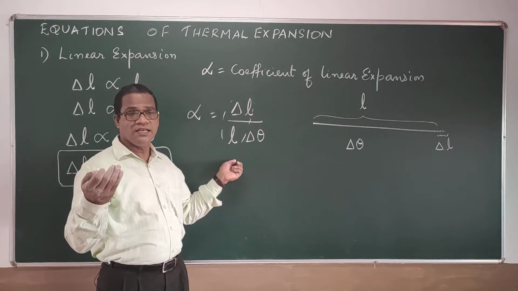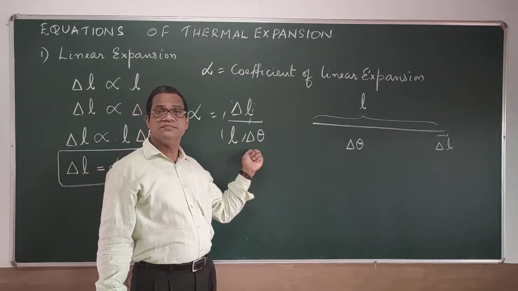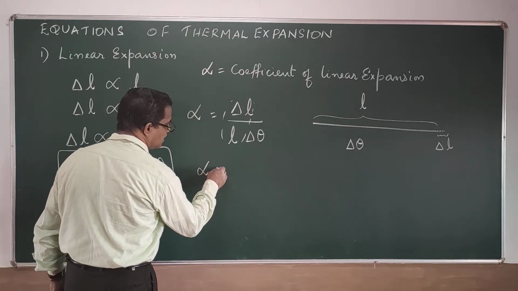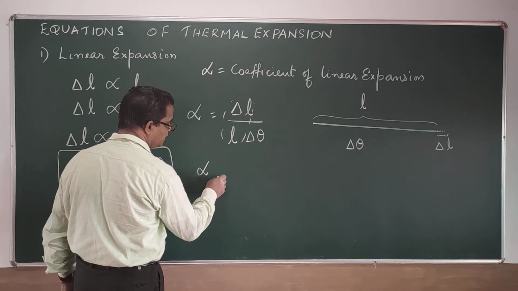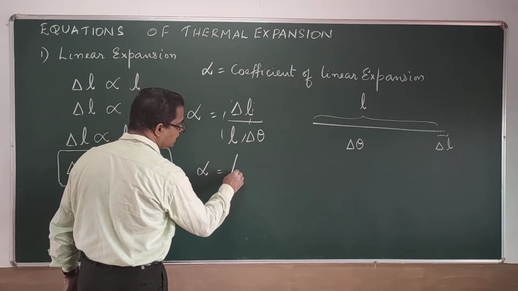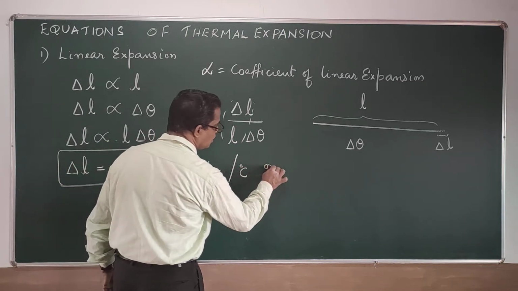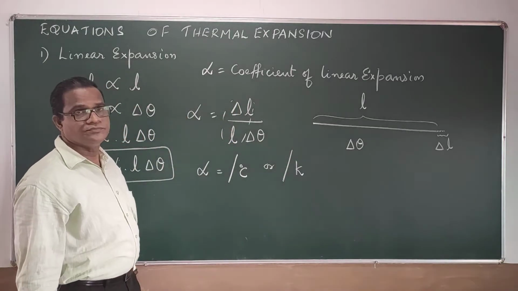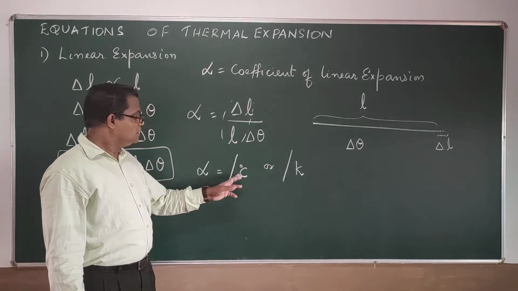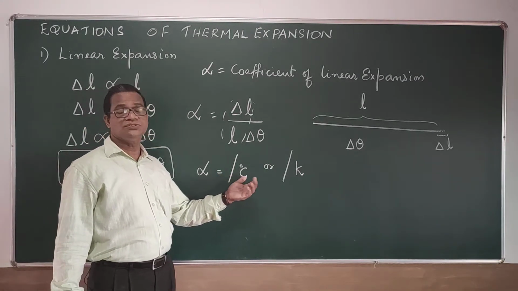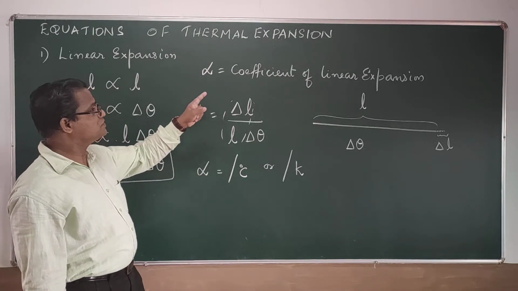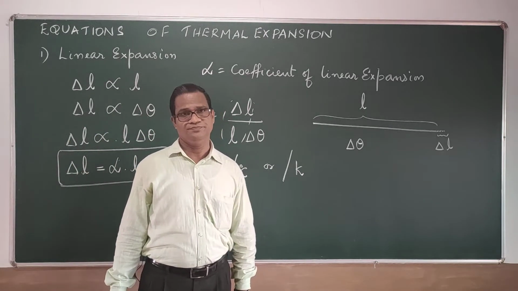Fractional increase in length divided by increase in temperature. And therefore, alpha will be having a unit which is per degree Celsius or per Kelvin. Okay. Inverse degree Celsius or inverse Kelvin will be the unit of coefficient of linear expansion.